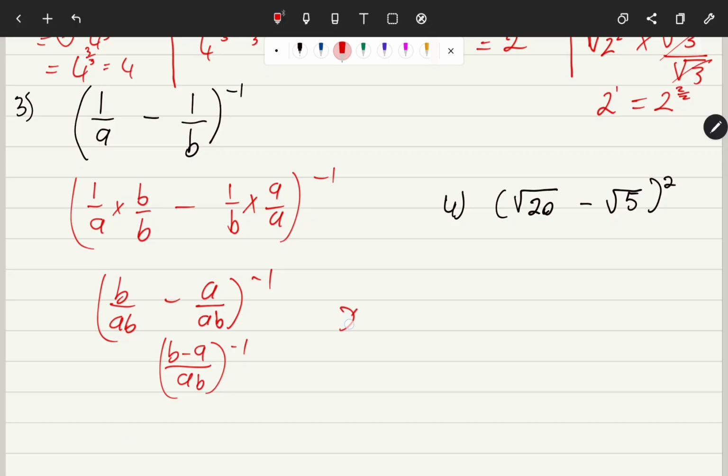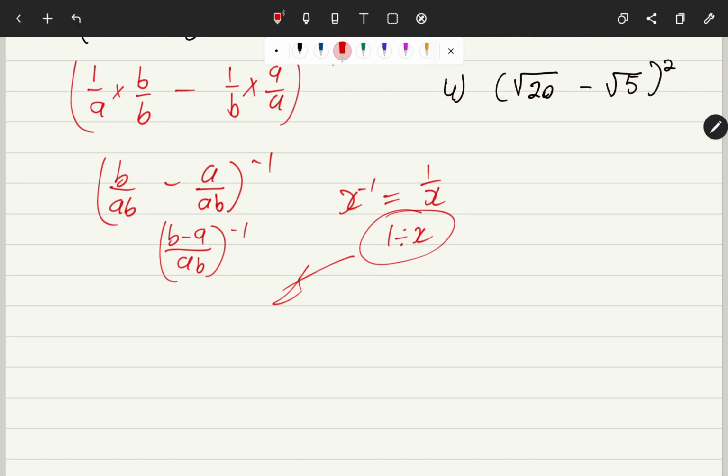Remember guys, if I have x to the power of minus 1, I just have that, or in simple terms, I have 1 divided by x. So this part is important because it's what I'm going to do next. So I can say I have 1 divided by b minus a all over ab, right?